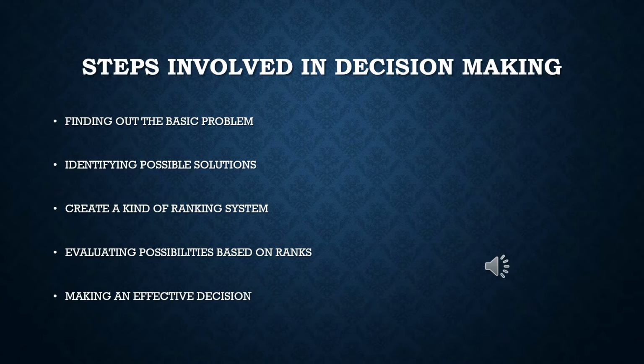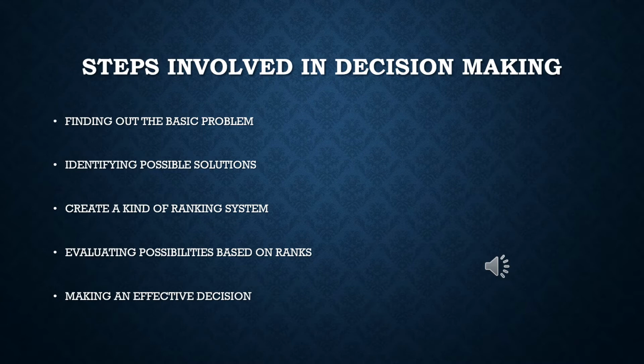Now, to compare between all those solutions, we need to find out a certain kind of ranking system, which at the end of the day is nothing but measurement of the solutions. So we need to find out a ranking system. That ranking system practically will evaluate the possibilities based on ranks.